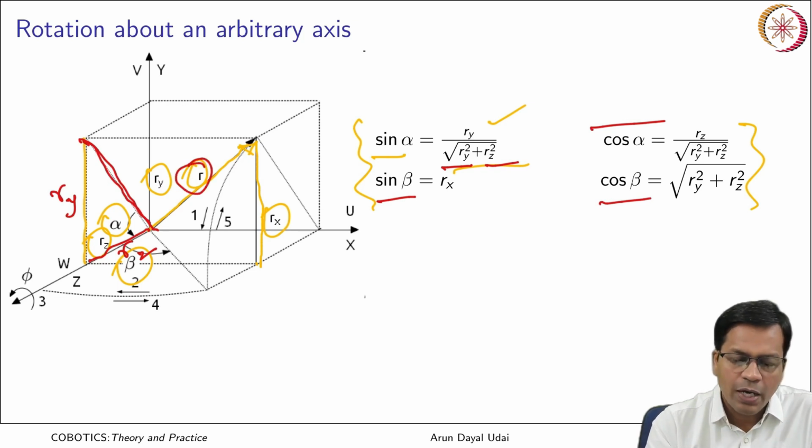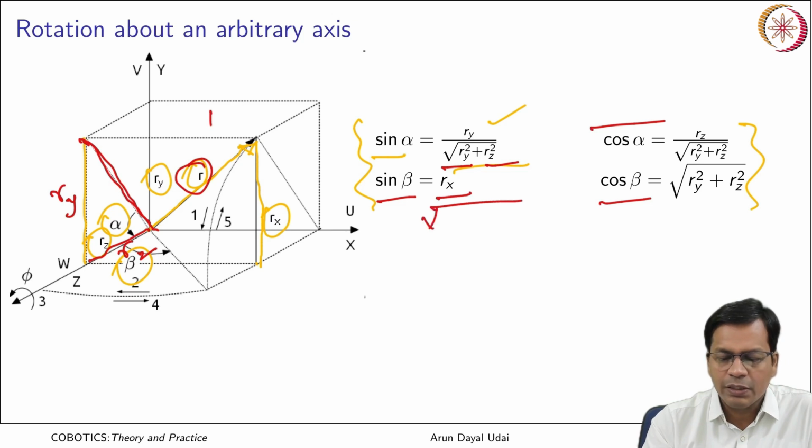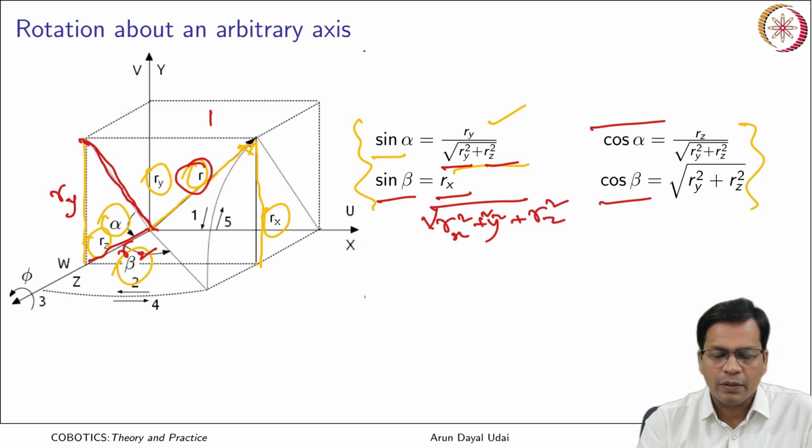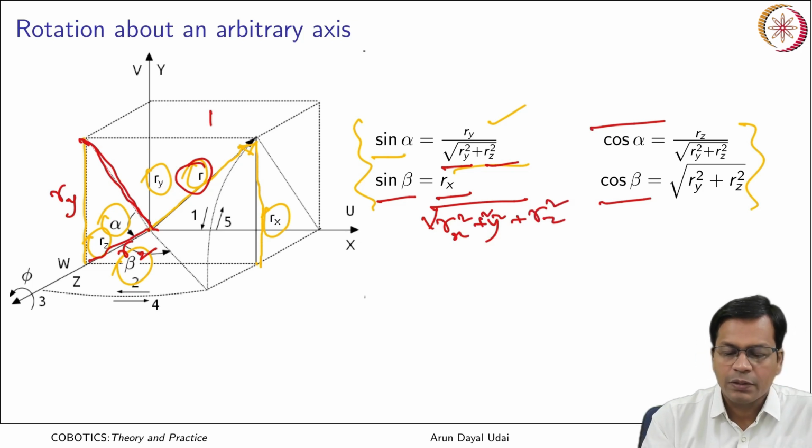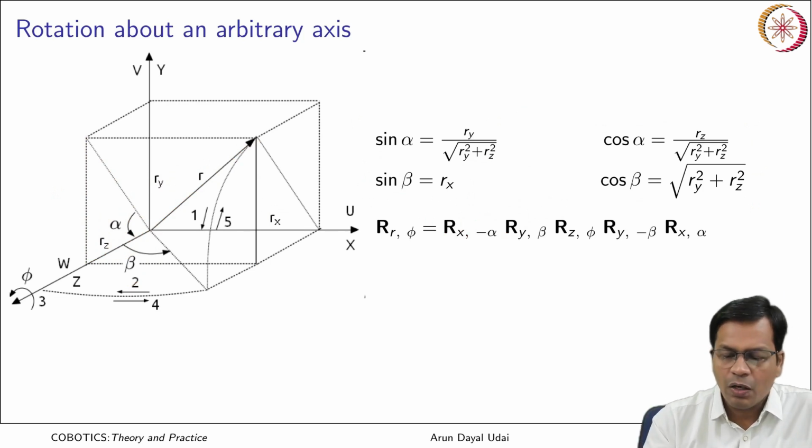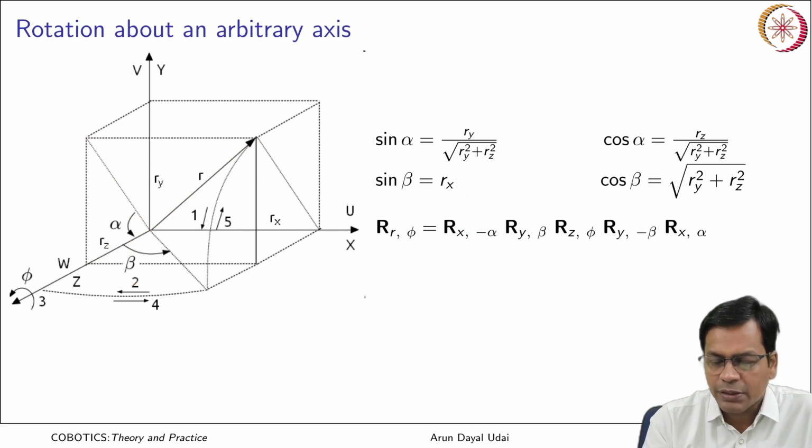The magnitude of R is unity. That gives rise to, let's say, in the denominator Rx square plus Ry square plus Rz square. So it should give me 1, because it is a unit vector. Now all the operations can be written in steps like this.